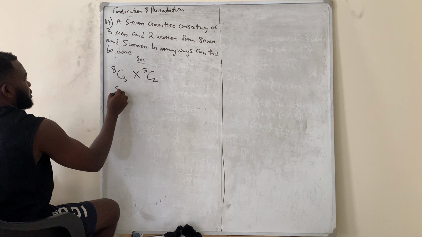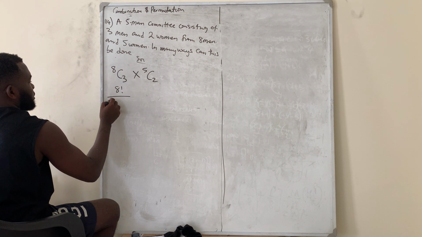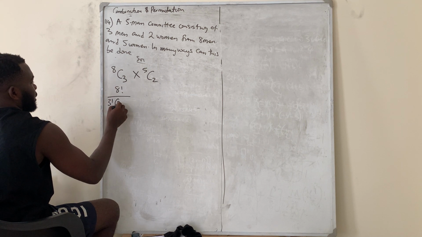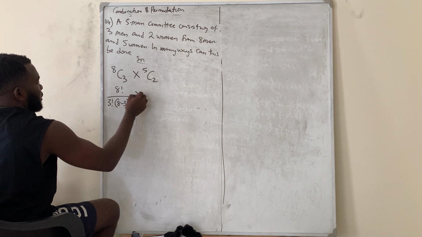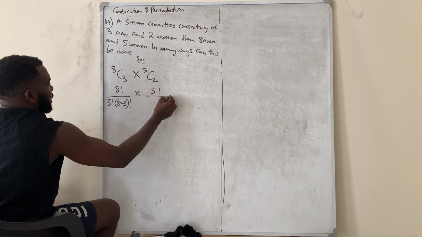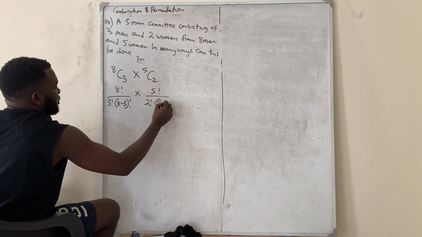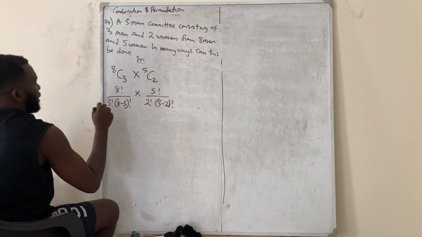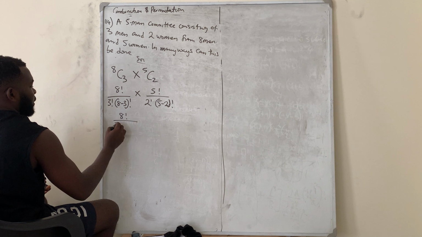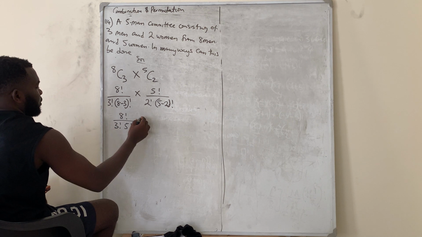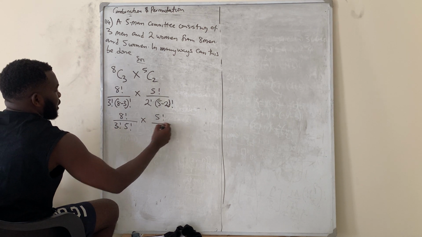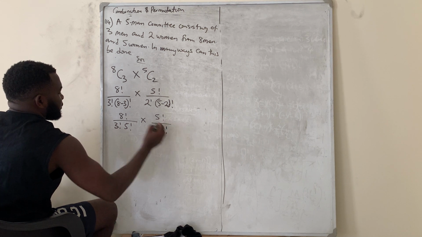You are done. So this is 8 factorial all over 3 factorial times 8 minus 3 factorial, times 5 factorial all over 2 factorial times 5 minus 2 factorial. So this is 8 factorial all over 3 factorial 5 factorial, times 5 factorial all over 2 factorial 3 factorial.